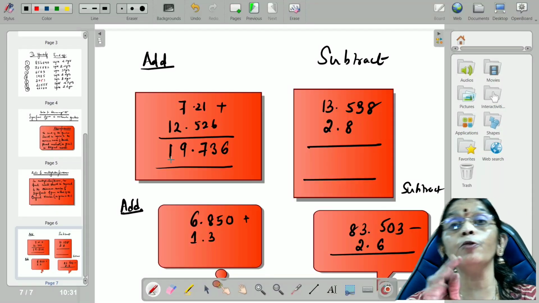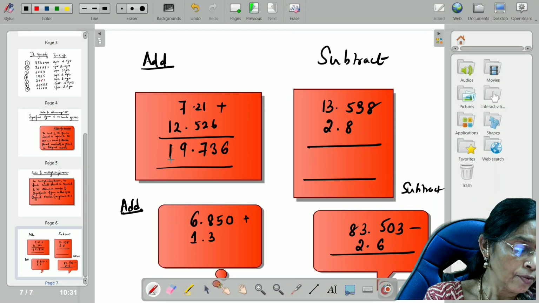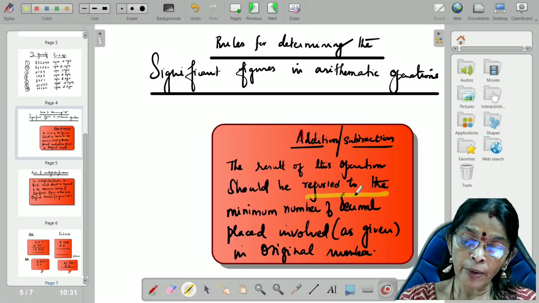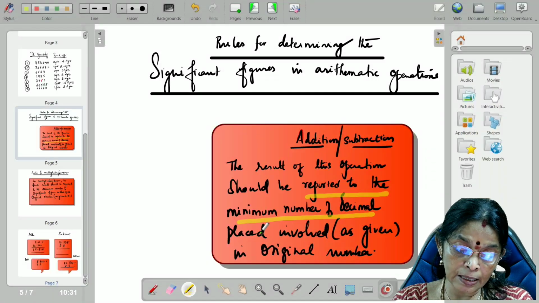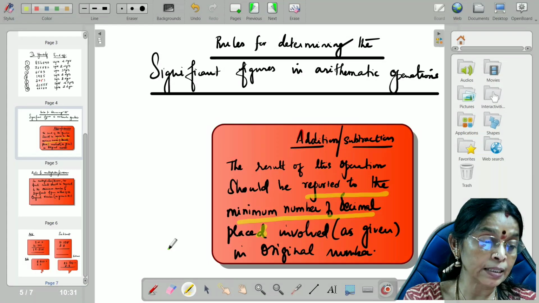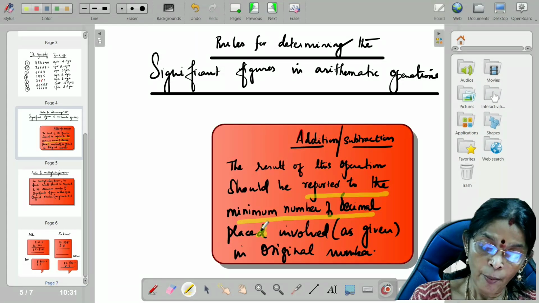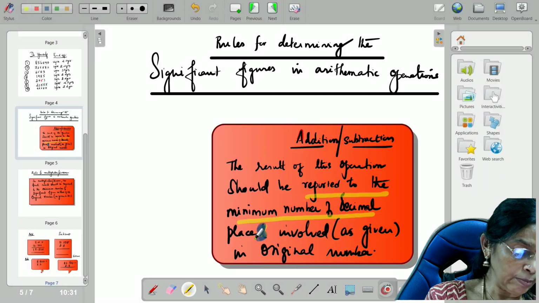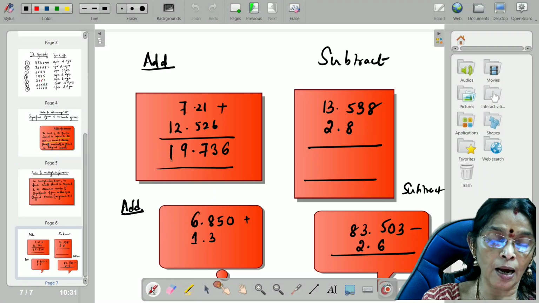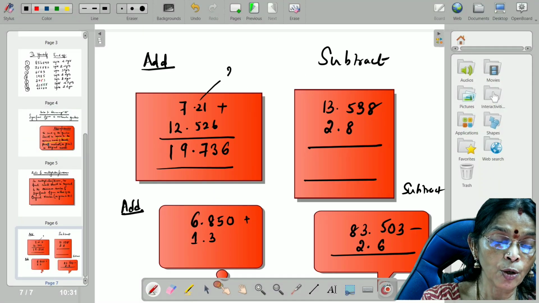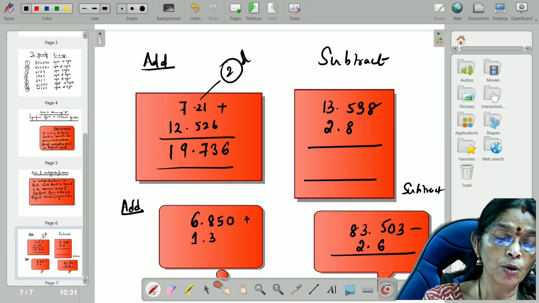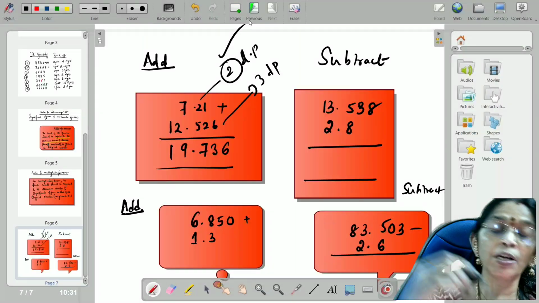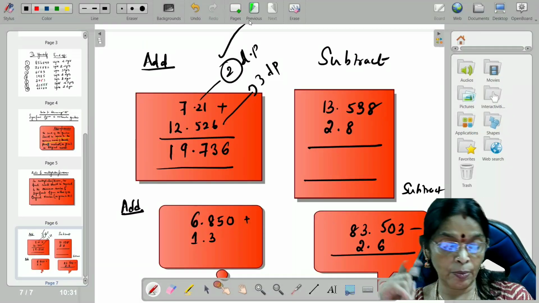But what is the rule for addition we have seen, children? Reported to the minimum number of decimal places. Here it has 2 decimal places, but here you have 3 decimal places, so you have to give the answer correct to 2 decimal places.